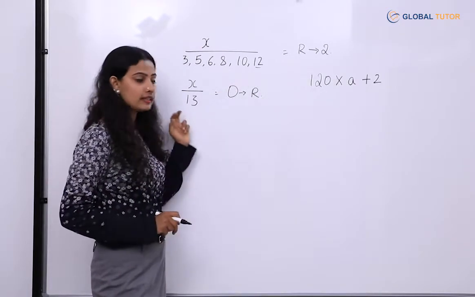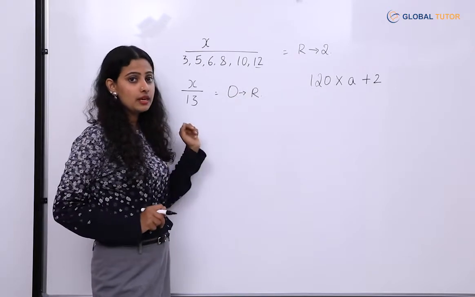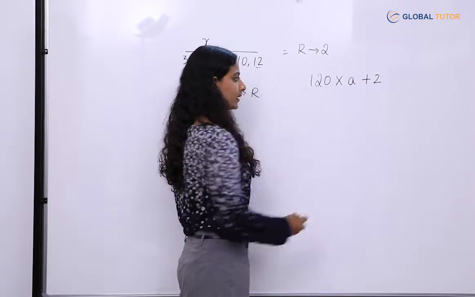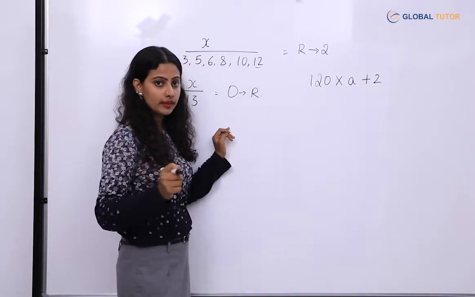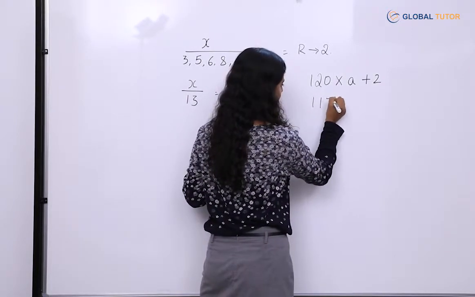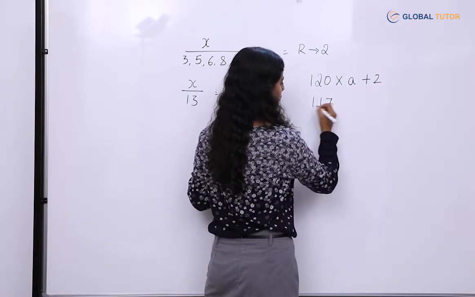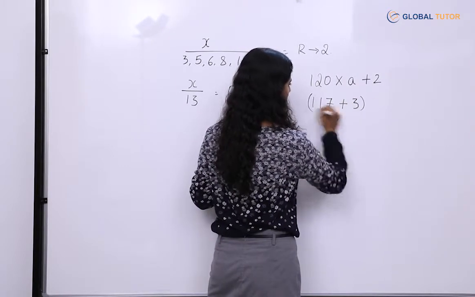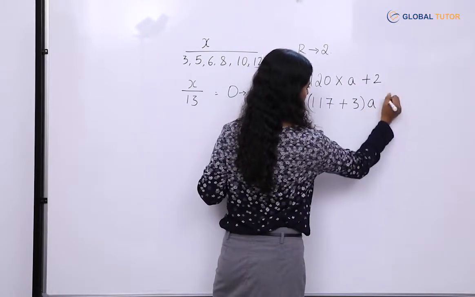Which means when you divide that number by 13, the remainder will be 0. Now which is the closest number to 120 which is divisible by 13? That is 117. So let us write 120 as 117 plus 3.